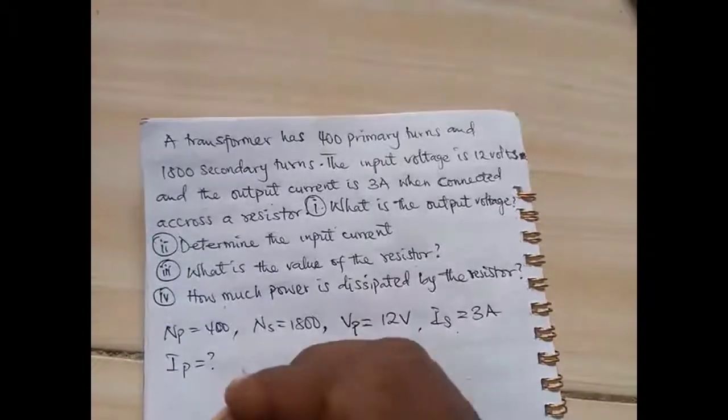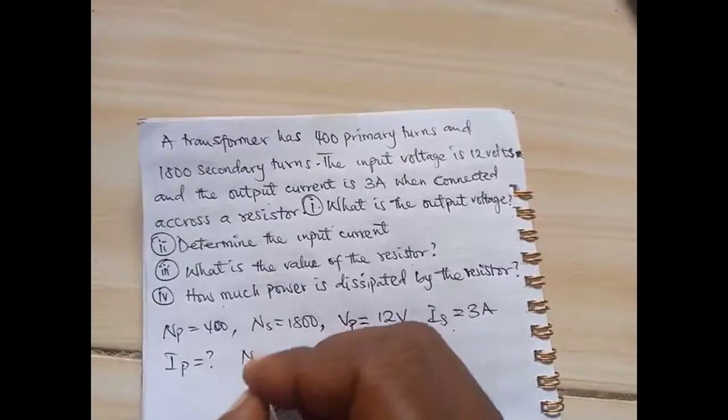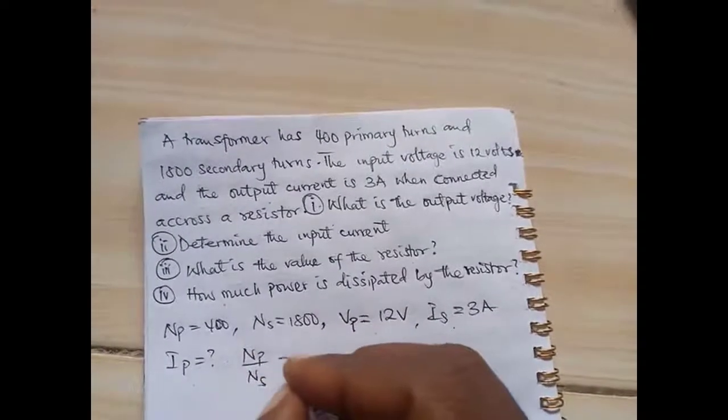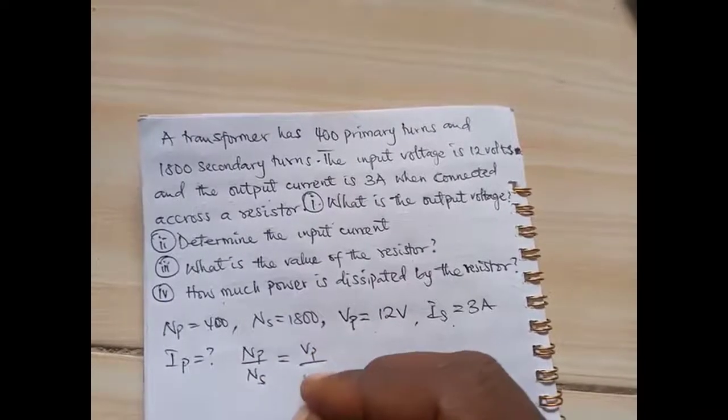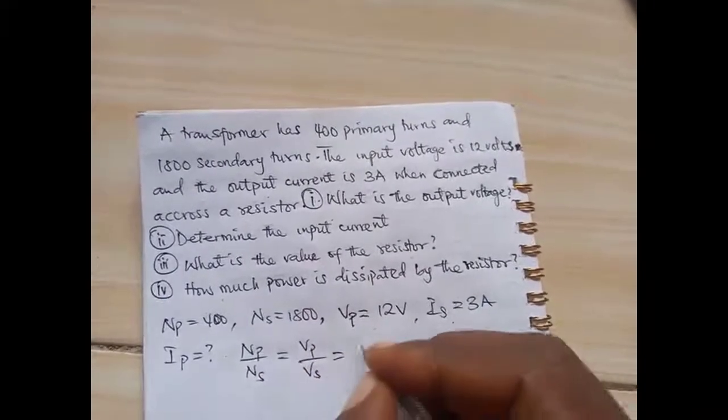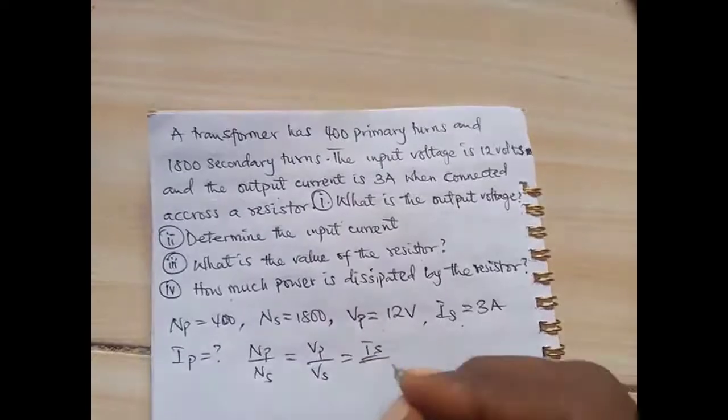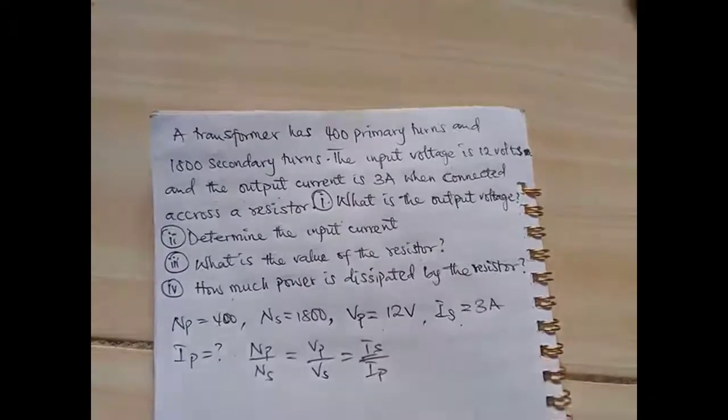Now, remember the formula we have, that Np over Ns is equal to Vp over Vs, which is also equal to Is over Ip.